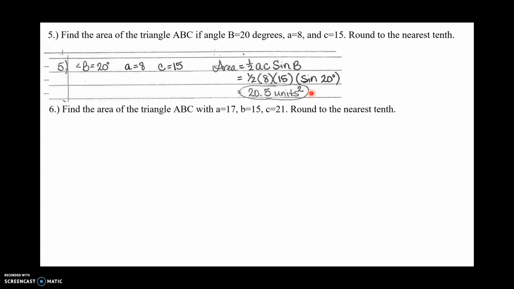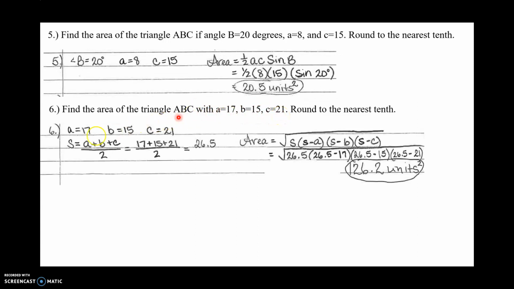If it's a side-side-side triangle, like we have in number 6, we're going to find the sum of the 3 sides and divide it by 2. So let's say 17 plus 15 plus 21 and divide that by 2, and that gives us S. So that's what's going to go in this formula right here for S, right here for S, right here for S, and then A, B, and C are just the sides of my triangle.